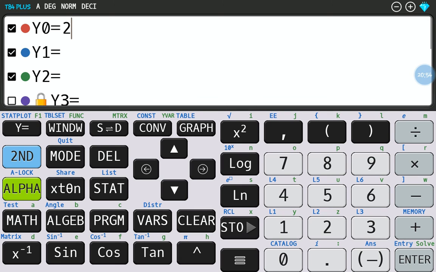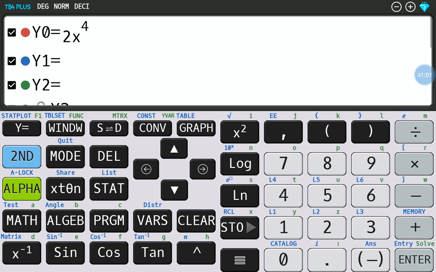Alpha x to the 4th power, right? And then you're going to move minus 3x to the 3rd power, minus x, minus 6. Okay, I have to graph this one.